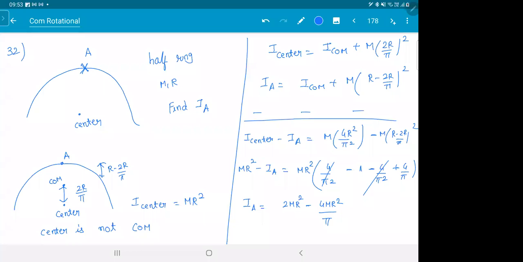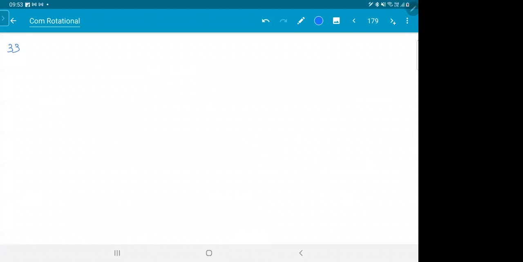Play with this. Next one. Same question, but it's a solid hemisphere.